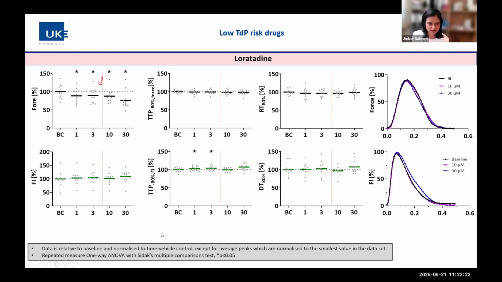And this data is relative to baseline and is also normalized to time vehicle control, except for average peaks, which are normalized to the smallest value in the data sets. And these are not normalized to time control. So sometimes there is a bit of discrepancy. So now I would present the first compound, loratadine, which is a low TdP risk.